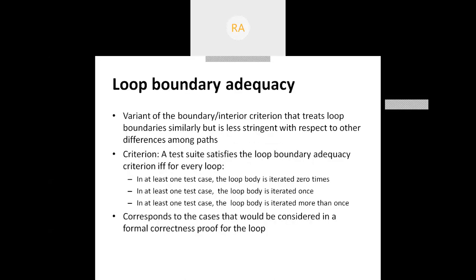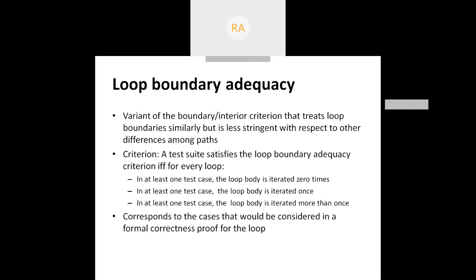Next you have something called loop boundary adequacy, which is basically meant for the loops, the iterative statements in your source code. How do we test such statements which are repeatedly executed? Whenever I go for loop boundary adequacy, there are certain criteria that have to be satisfied by the set of test cases that I'm going to design.